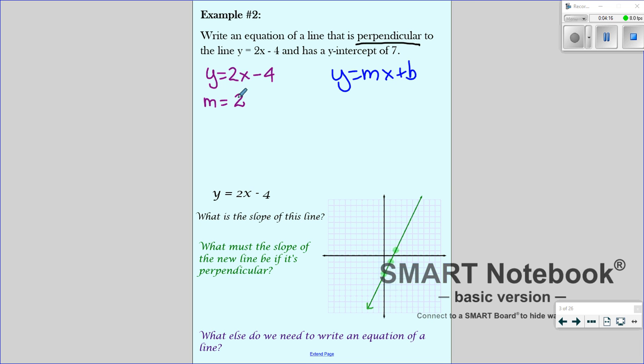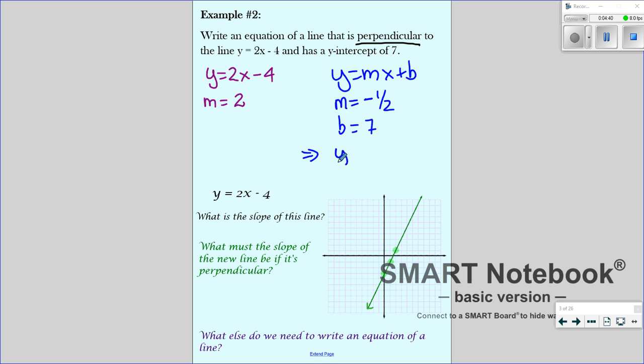They said that that line is going to be perpendicular to that. So what did we learn about perpendicular lines with slopes? The opposite reciprocal. So that means the m has to be opposite, so it'll be negative, and the reciprocal of 2 is 1 over 2. They gave us our y-intercept. That new line will have the y-intercept of 7. So now we just plug in our information.